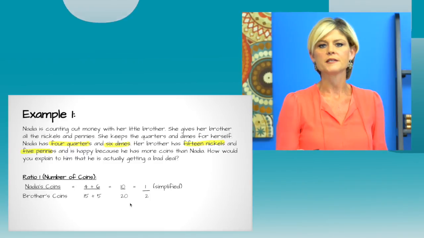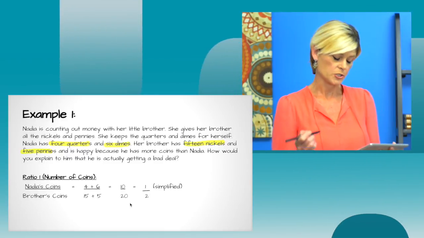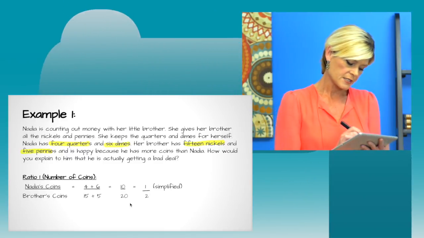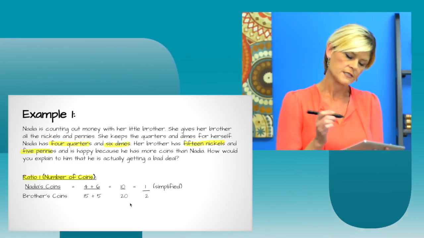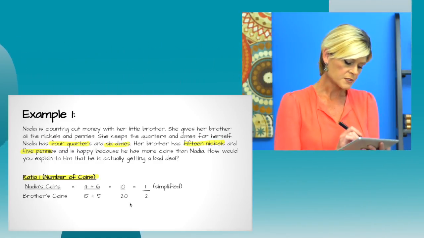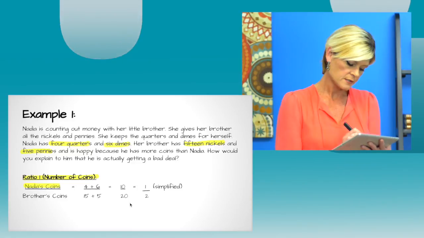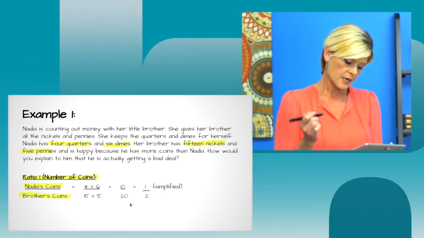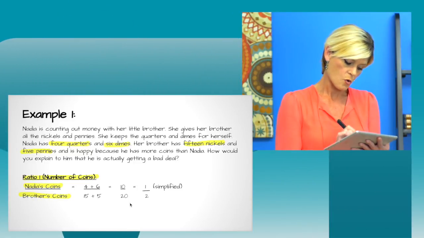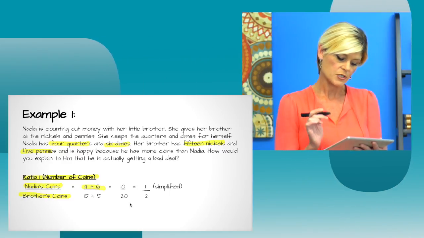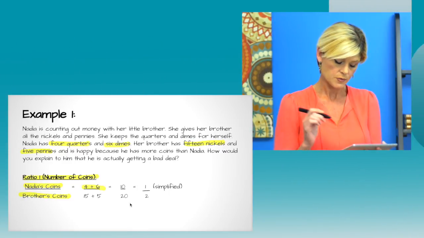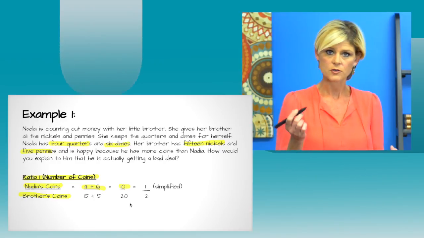So there are 2 different ways that we can set this problem up as a ratio. The first thing that we can do is compare the number of coins that each of them has. So we'll compare Nadia's coins to her brother's coins. And the first thing we'll do is add 4 plus 6 for Nadia because she has 4 quarters and 6 dimes. So she has a total of 10 coins.